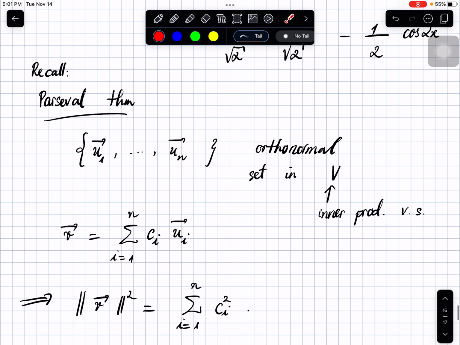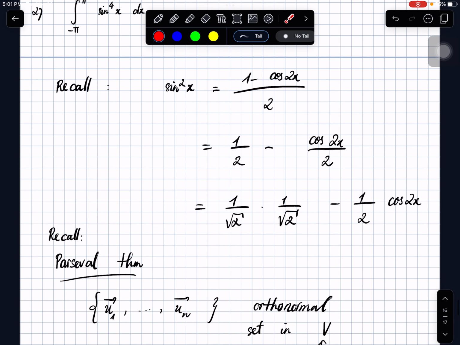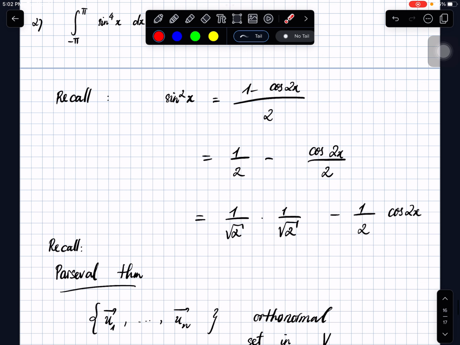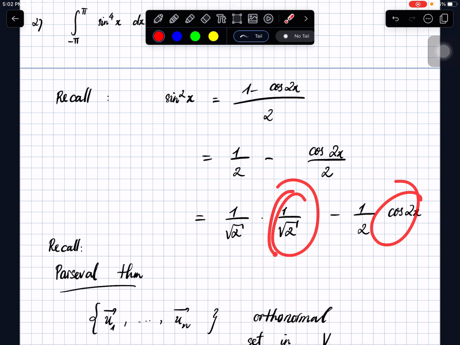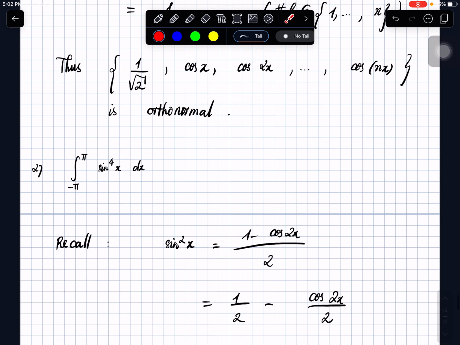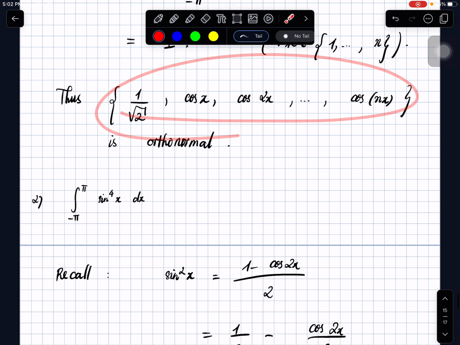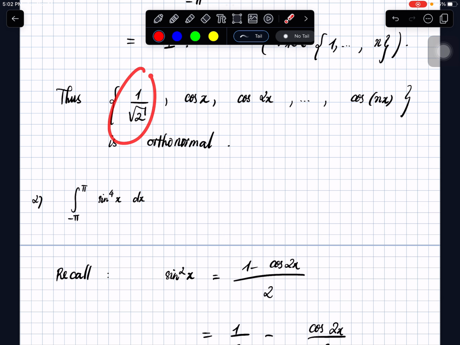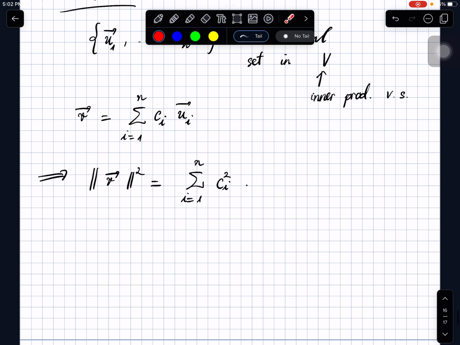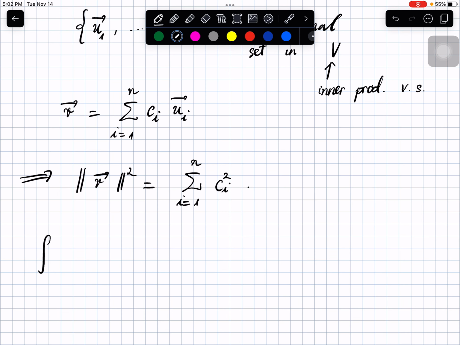We will apply the Parseval formula in our case. We express sine square of x as a linear combination of two vectors in the orthonormal set that we just proved in the first part, 1 over root 2 and cosine 2x. Now the integral we are given is from minus pi to pi of sine power 4 x dx.